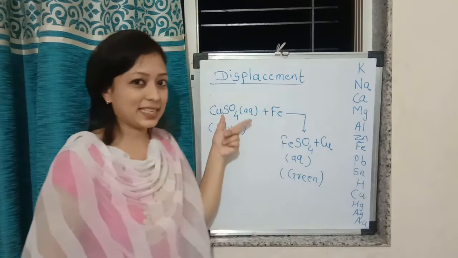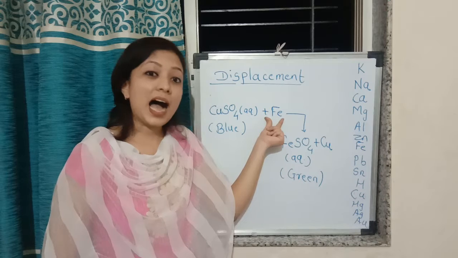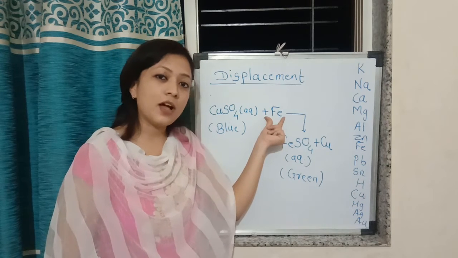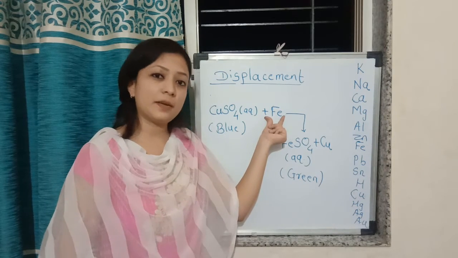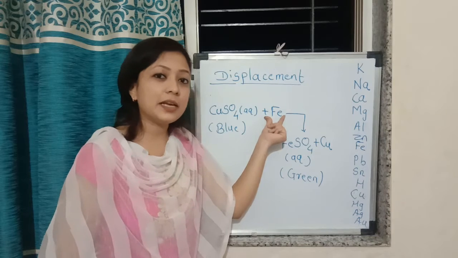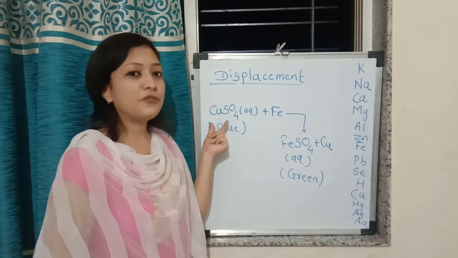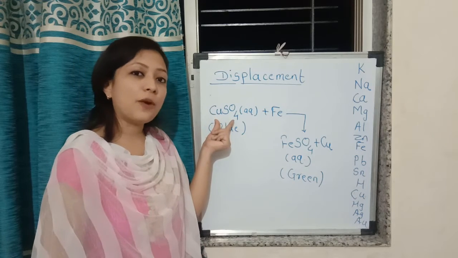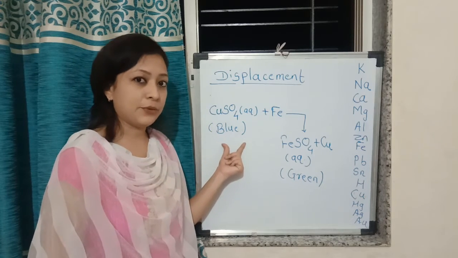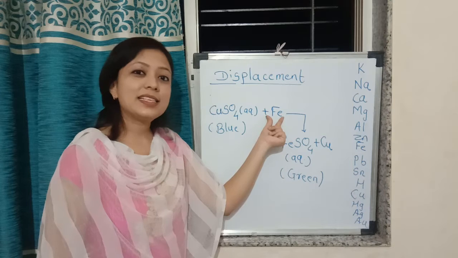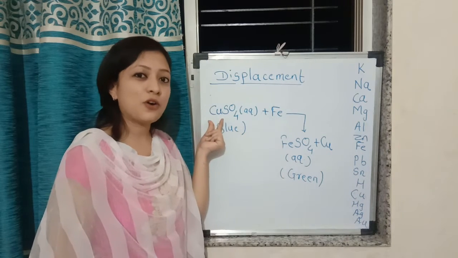So let us see an example where iron filings or an iron nail or any material made up of pure iron is dipped into the copper sulfate solution. Now what happens? We know that the color of copper sulfate solution is blue and iron is a more reactive metal than copper.